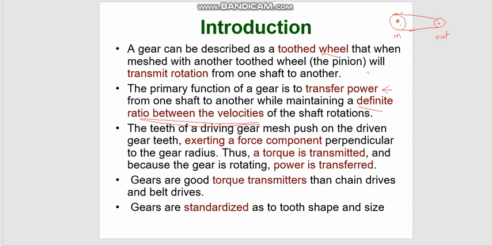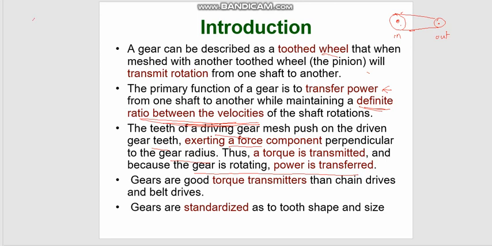But in the gear transmission system, you have a definite ratio between the velocity of the input and output shaft rotation. The teeth of the driving gear push on the driven gear teeth, exerting a force component perpendicular to the gear radius. Thus, torque is transmitted, and because the gear is rotating, power is transferred.